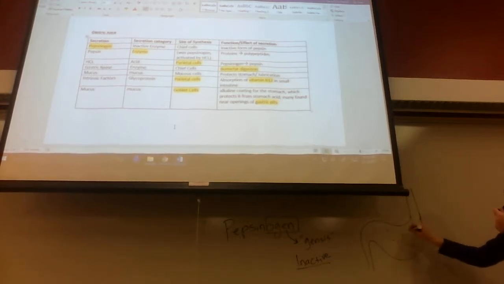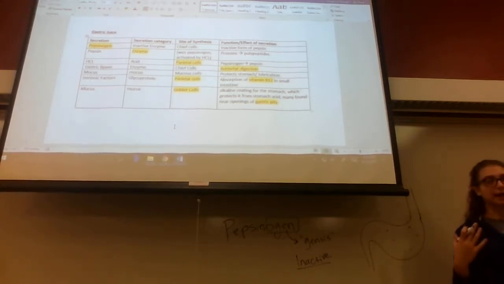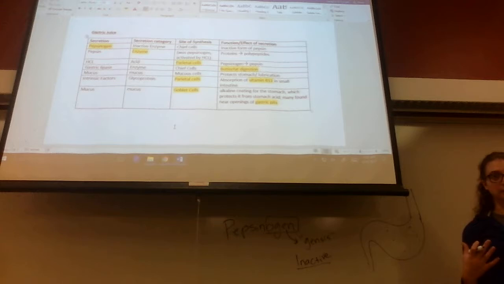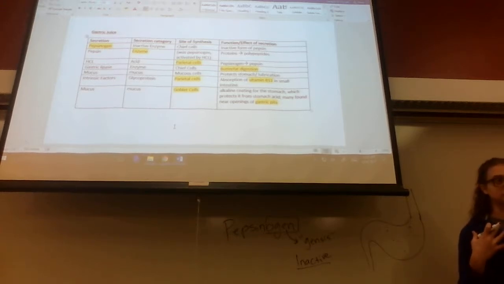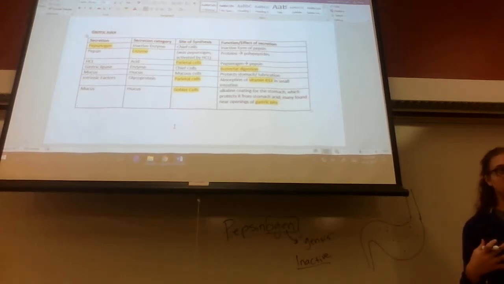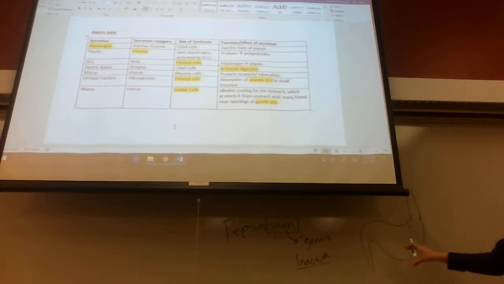So your pepsinogen will just be hanging out. We don't want active pepsin in our stomach without any food because it will eat our stomach, and we don't want that. So it's inactive, and that's great because that works out for us. But pepsin is the enzyme that is active.